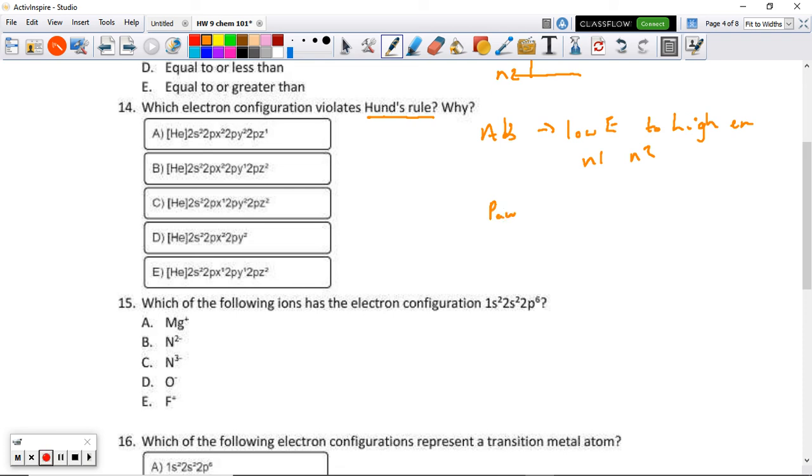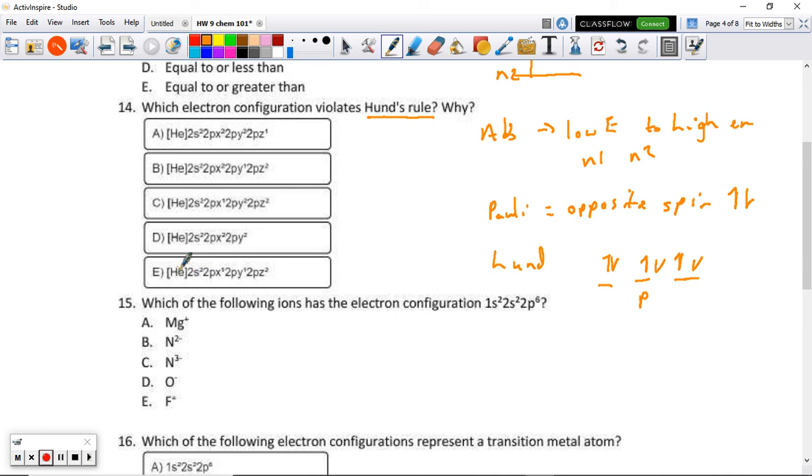Pauli talks about opposite spin. So that means you'll have an up arrow and a down arrow. Hund says that we fill all the ups, and if this was a P, we fill all the ups before we start filling the downs.